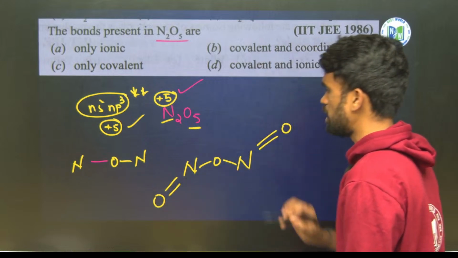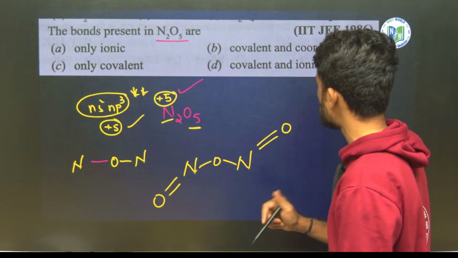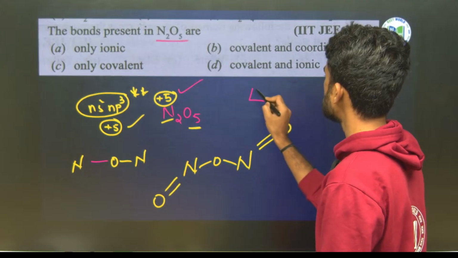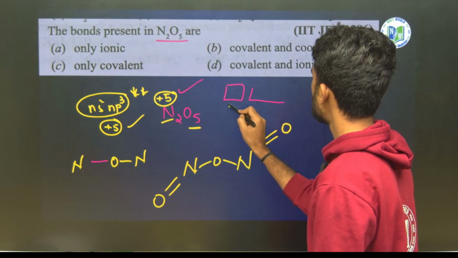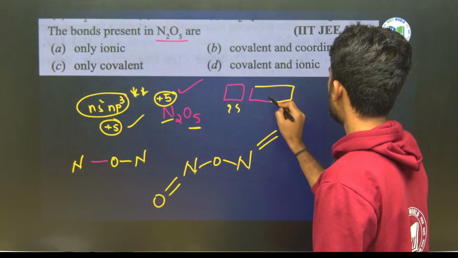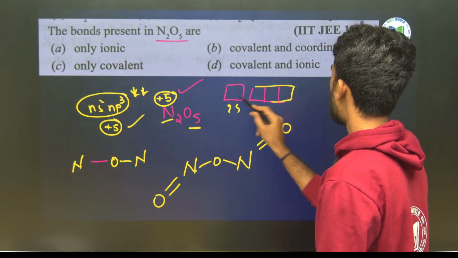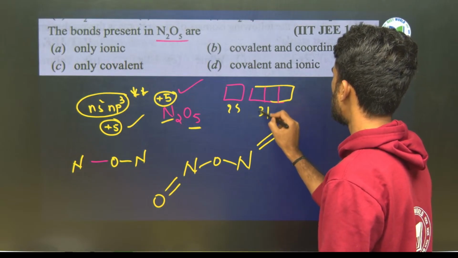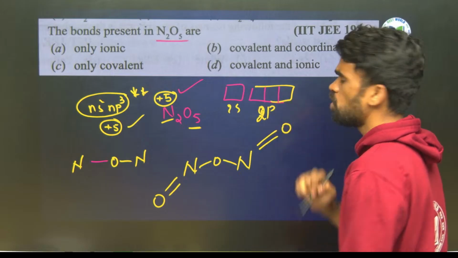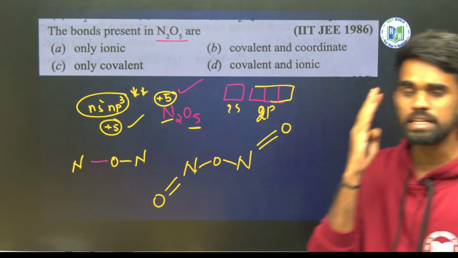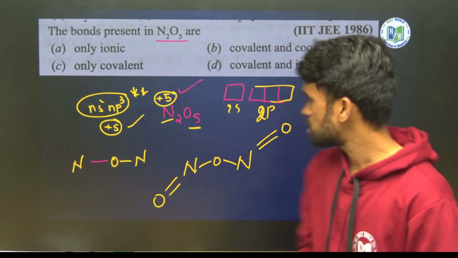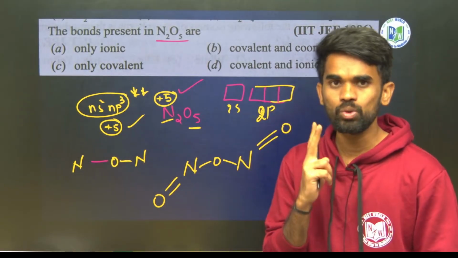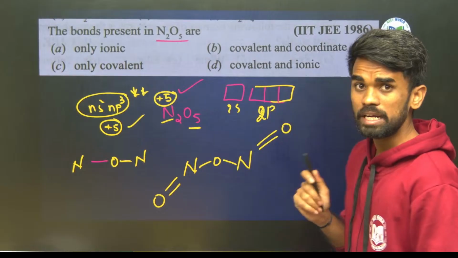Nitrogen can form a maximum of 4 bonds only because it has one 2s orbital and three 2p orbitals. So how many orbitals are there overall in the valency of nitrogen? Only 4 orbitals, so it can make only 4 bonds, because each orbital can accommodate only 2 electrons, so it can accommodate 8 electrons.